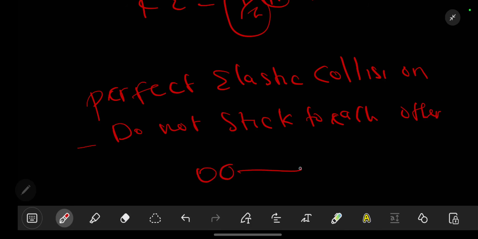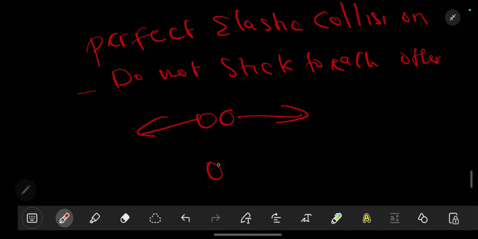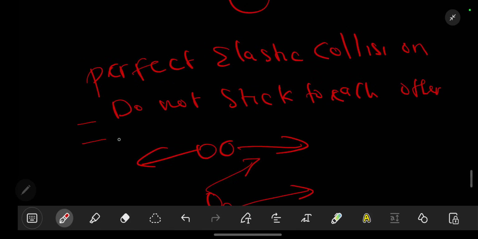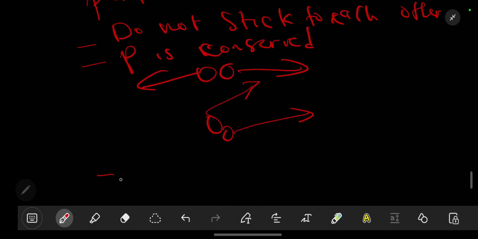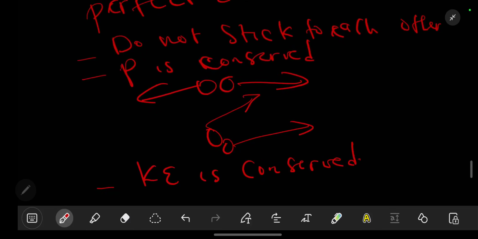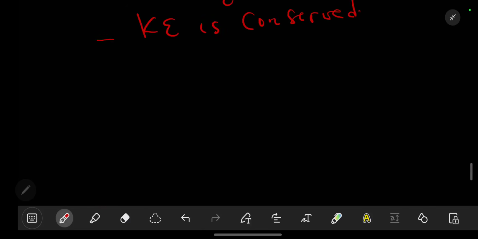They strike, then they move in opposite directions, or they can move in the same direction, but the fact is that they do not stick to each other. That's the perfect elastic collision. Momentum is conserved. Also, what else is conserved? Kinetic energy is conserved. So kinetic energy is conserved, momentum is conserved, they do not stick to each other.